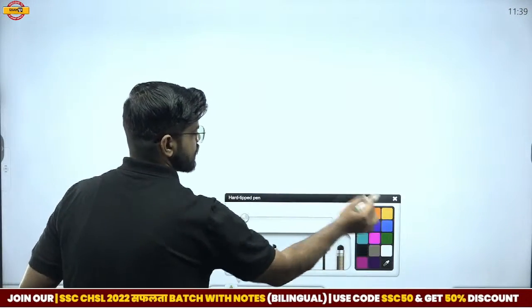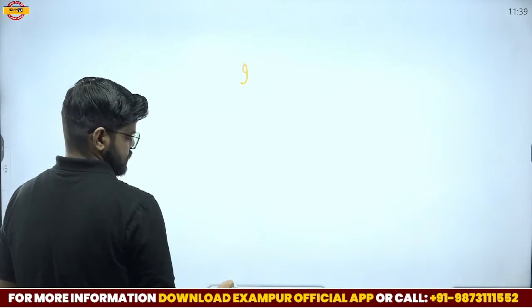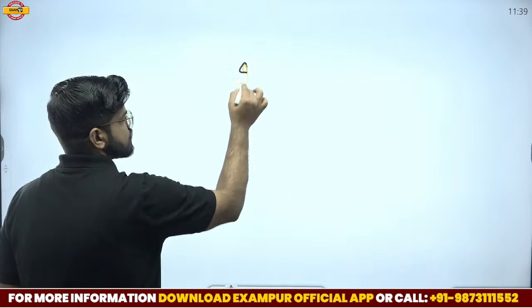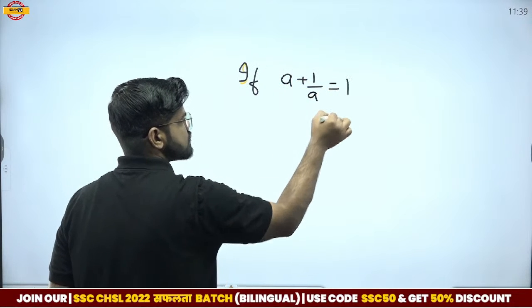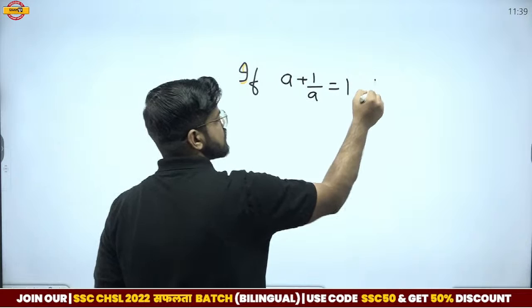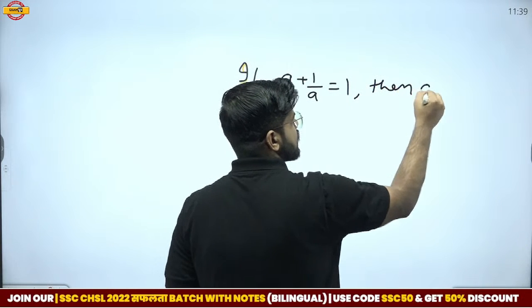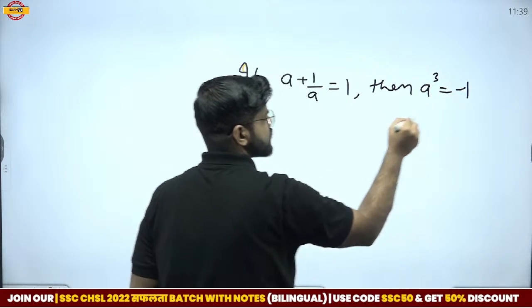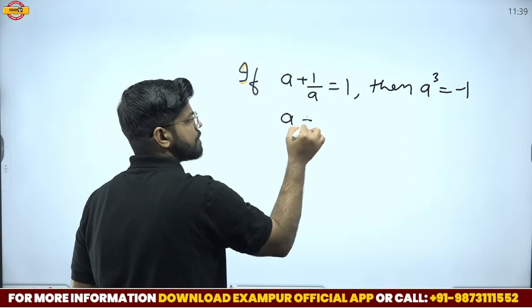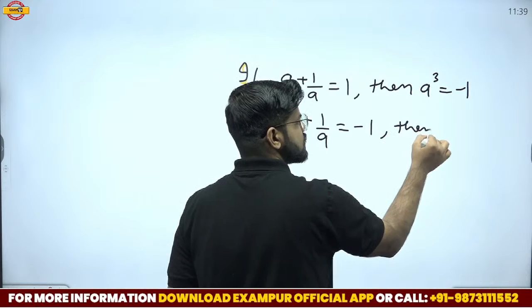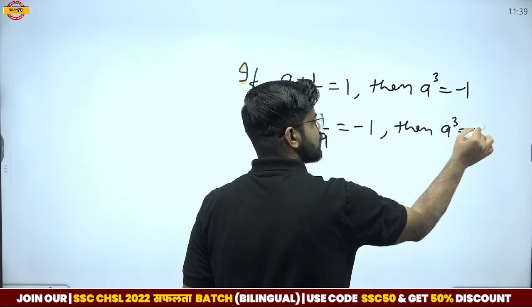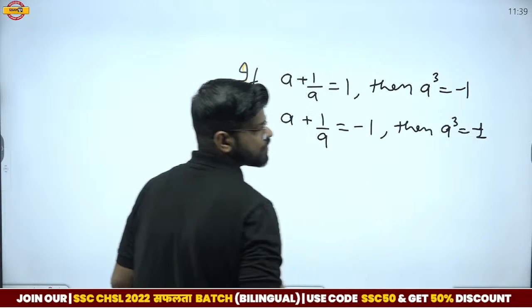Let me tell you these conditions. If a plus 1 upon a is equal to 1, then a cube is equal to minus 1. If a plus 1 upon a is equal to minus 1, then a cube is equal to plus 1.